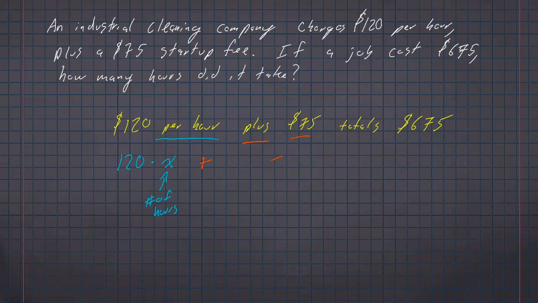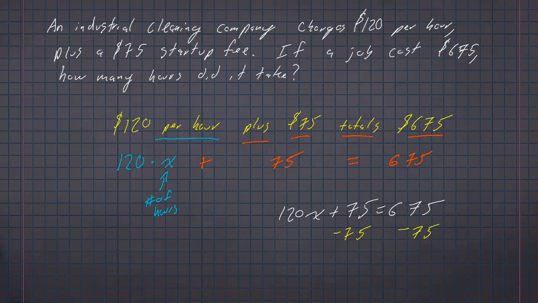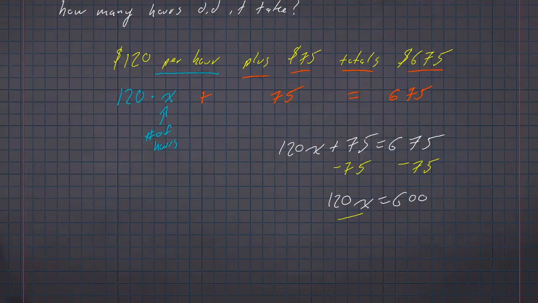Plus 75, is equal to 675. I can subtract 75 from both sides of this equation. And then I can get X by itself by dividing both sides of the equation by 120.